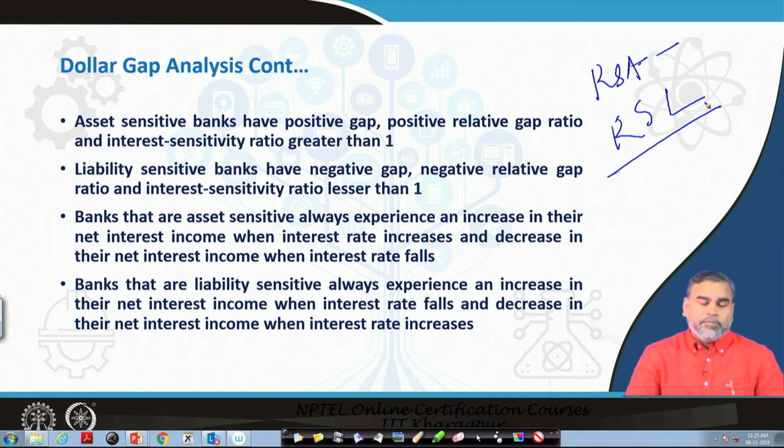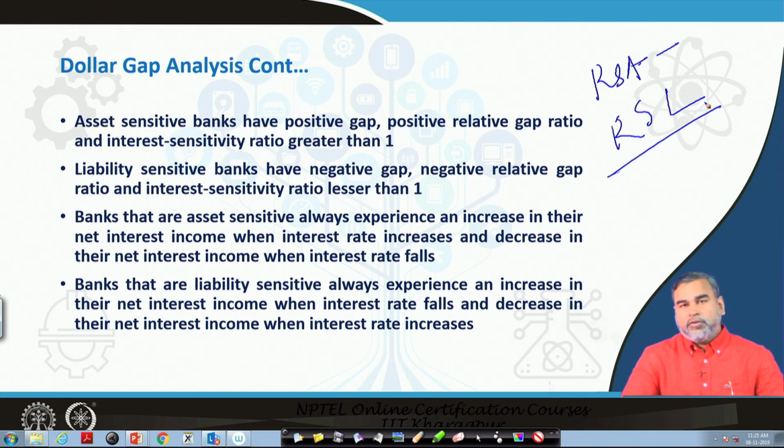Another implication we can draw from this is that banks that are asset sensitive experience an increase in the net interest income when the interest rate increases, and a decrease in their net interest income when the interest rate falls. Whenever the interest rate is increasing or decreasing, it has an impact on interest sensitive assets and interest sensitive liabilities.